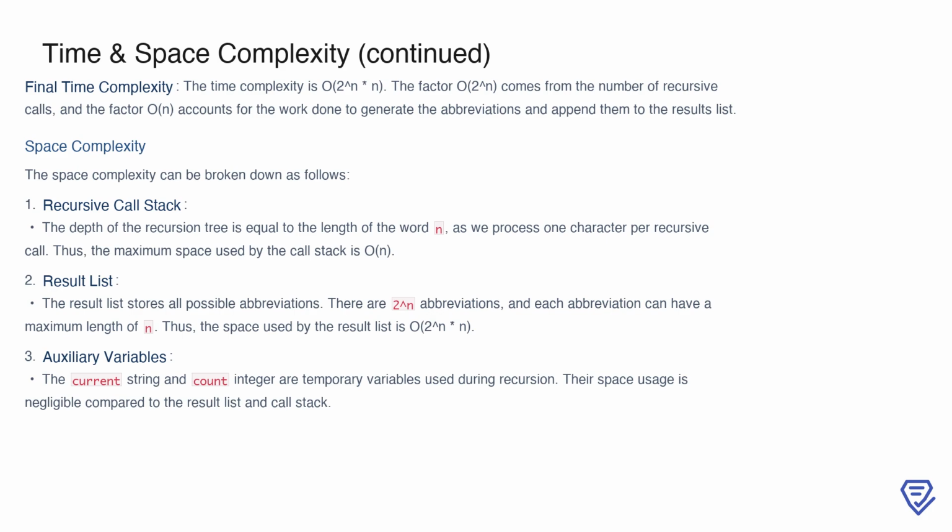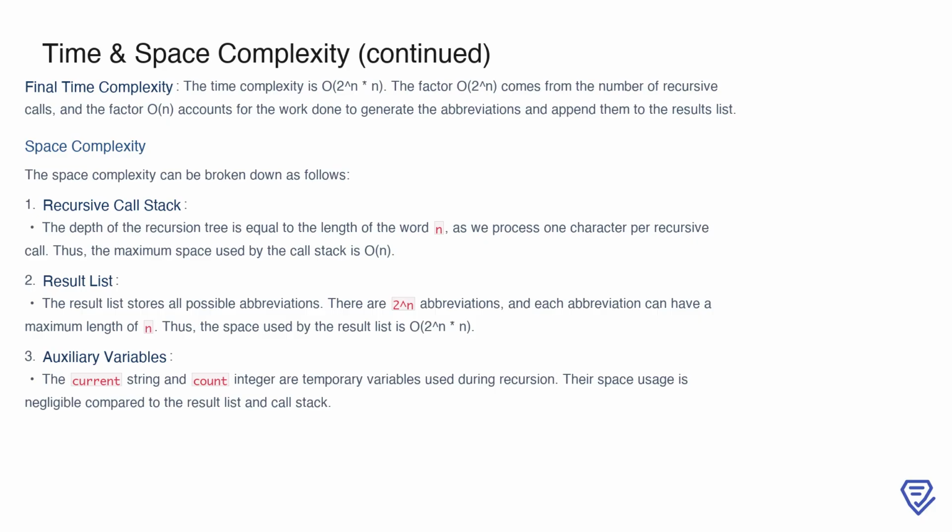Now, looking at space complexity, the recursive call stack contributes O(n) space, as the depth of the recursion tree corresponds to the length of the word. Additionally, the result list, which stores all possible abbreviations, requires space proportional to the number of abbreviations. Since there are 2 to the power of n abbreviations, each with a maximum length of n, the result list consumes 2 to the power of n asterisk n space.